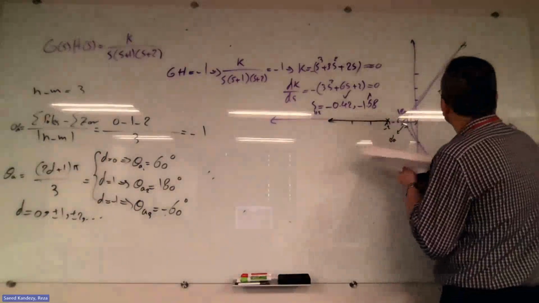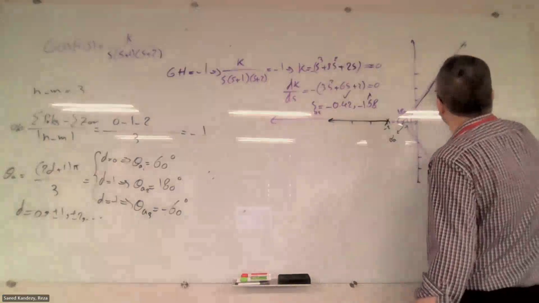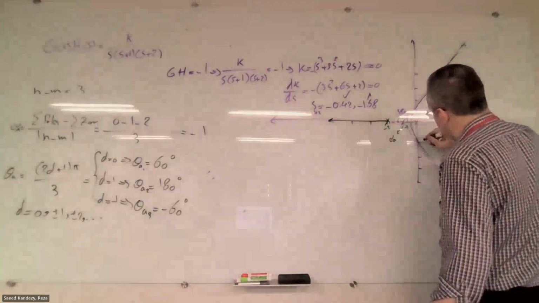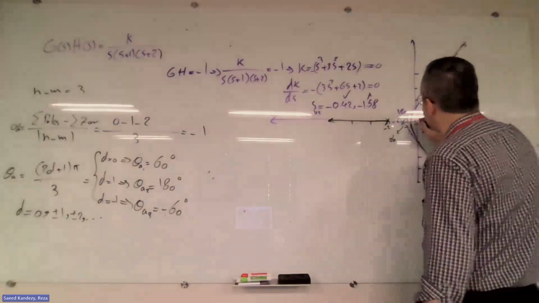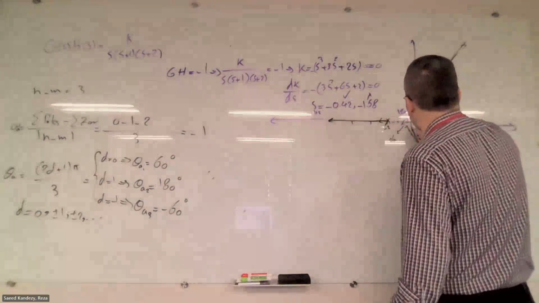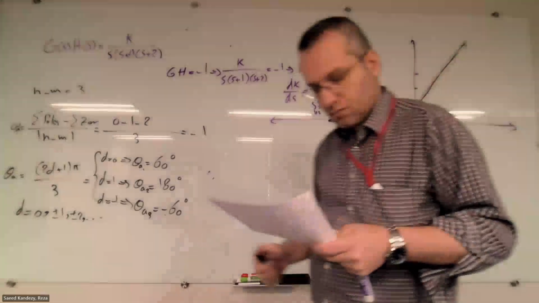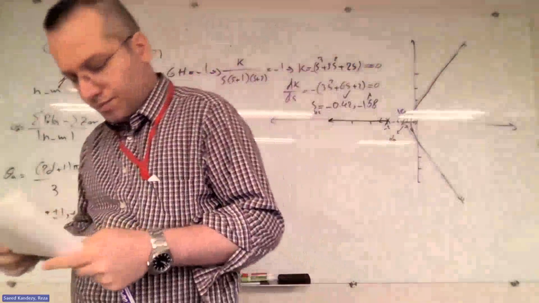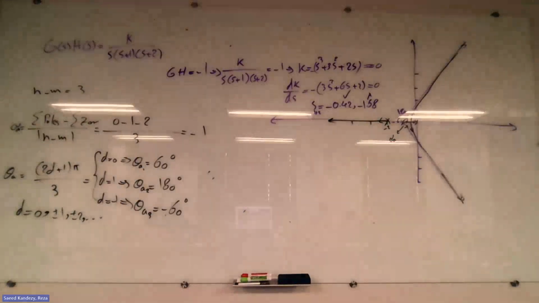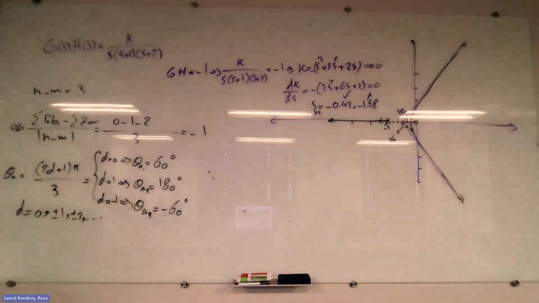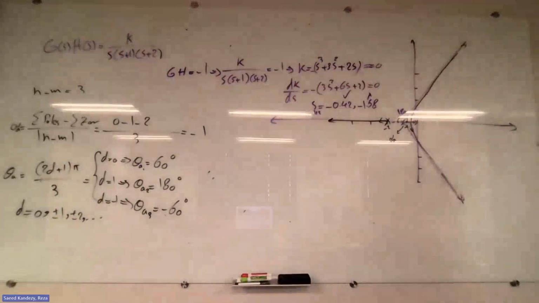Let me draw it with the same color. Very good. Now, what else do we need to find in order to have an exact sketch of our locus?